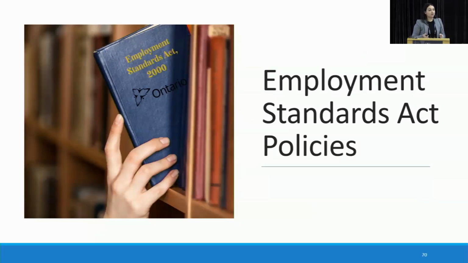So both of these policies only apply if you have 25 employees or more as of January 1st of a given year. If you meet this quota, you are required to have both of these policies in writing by March 1st of that same year. And then within 30 days of March 1st, you would have to provide it to the employees or upon 30 days of hiring them.